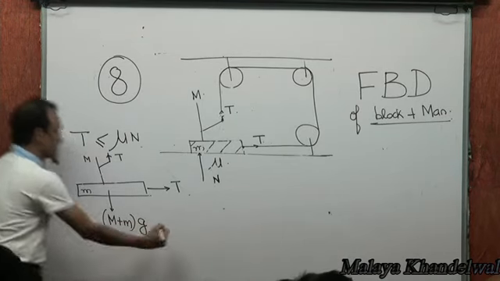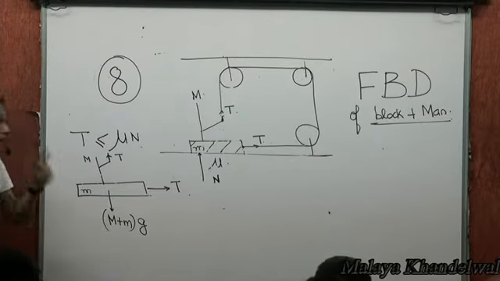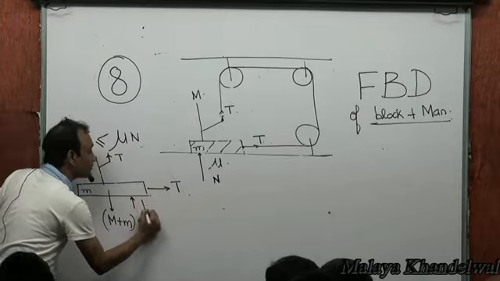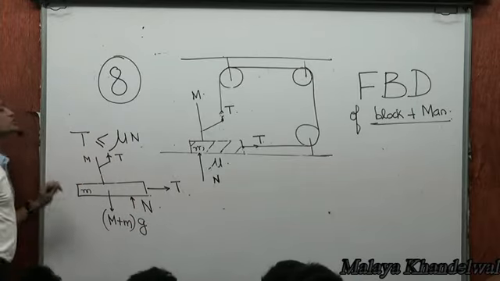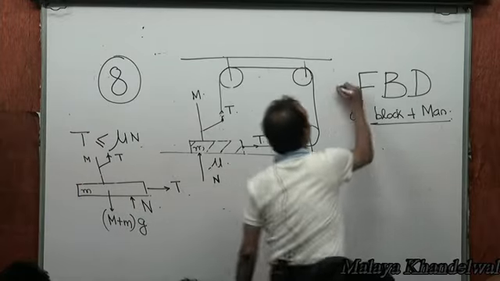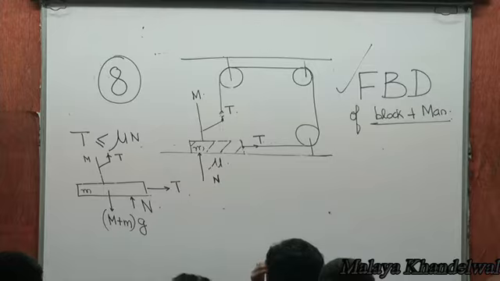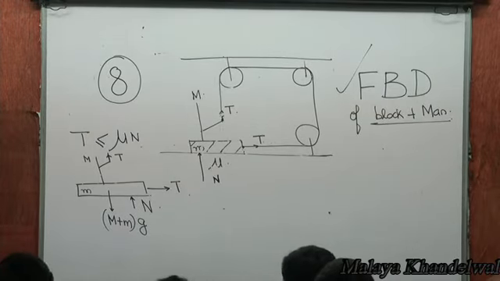That's courtesy Mother Earth, right? And then the ground exerts on the board a normal reaction N. Yes or no? Does it not summarize the free body diagram of the block plus man, board plus man? Tell me. Right?